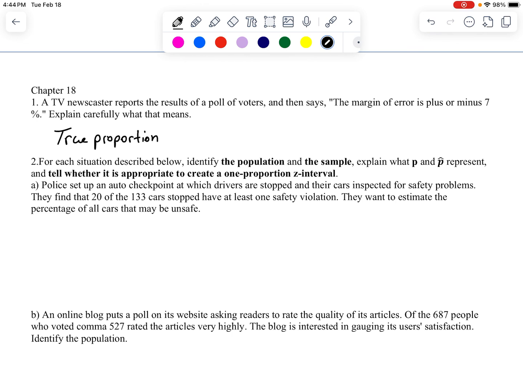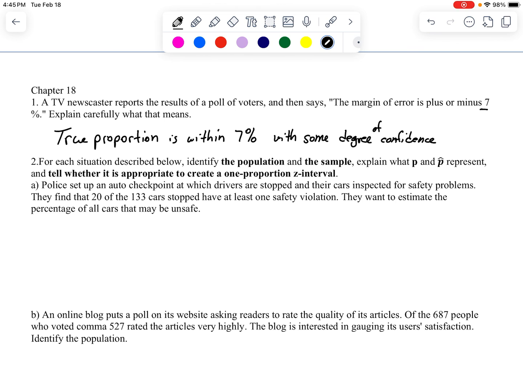With a margin of error of plus or minus 7%, we know the true proportion is within 7% with some degree of confidence. The confidence could be 95%, 99%, or 90%. That will have an impact on what we have there.